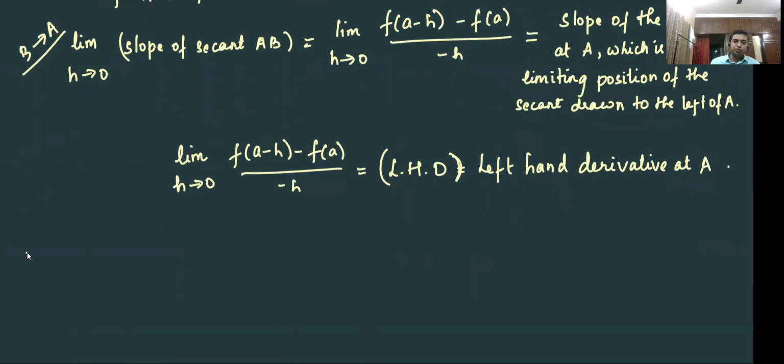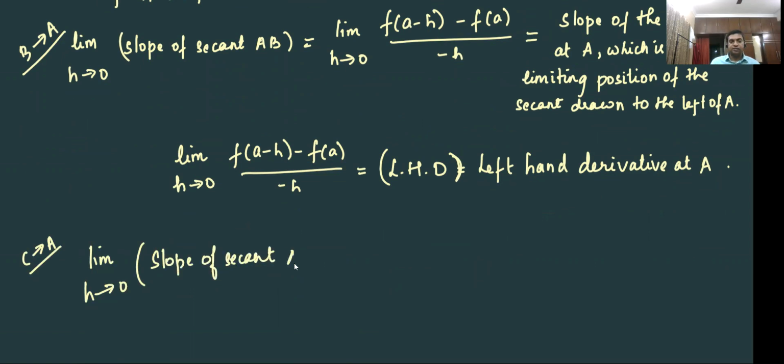Now when c tends to a, what's happening? Limit h tending to 0, slope of secant AC, which is limit h tending to 0, f of a plus h minus f of a by h.